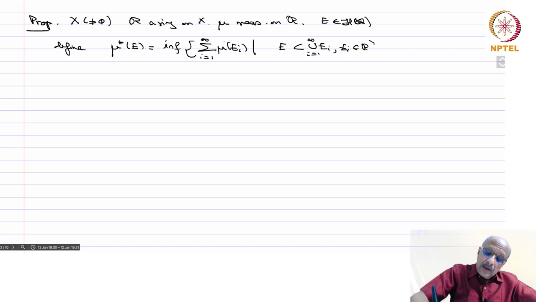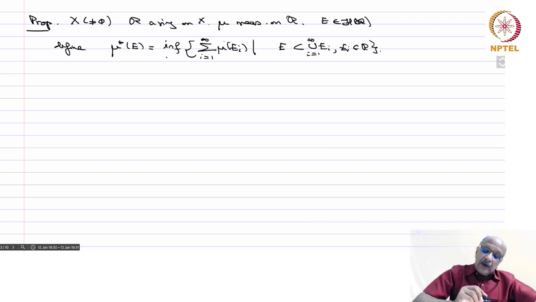I already remarked that any element of H of R can be covered by a countable number of members of R. So any E in H of R will be covered by a countable number of sets E_i. So you take all possible such coverings, and for each covering you compute this series, the sum over i equals 1 to infinity of mu of E_i. This could be finite or infinity, and then you take the infimum of this.